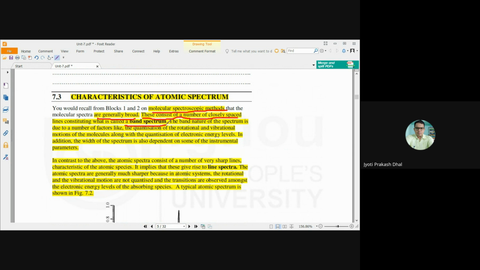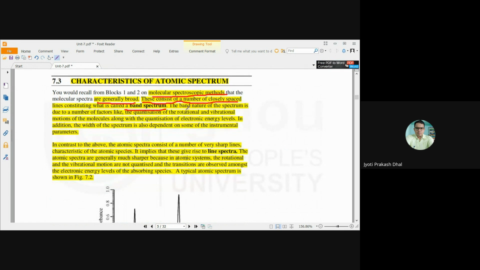So for a molecule we can observe energy bands, as we discussed in the previous 6 units. For a molecule the electrons are present in different energy bands. So the energy band means a group of closely spaced lines, and the corresponding spectrum will be a band spectrum. That means for a molecule we can observe a band spectrum.